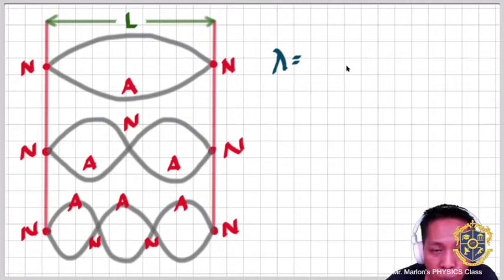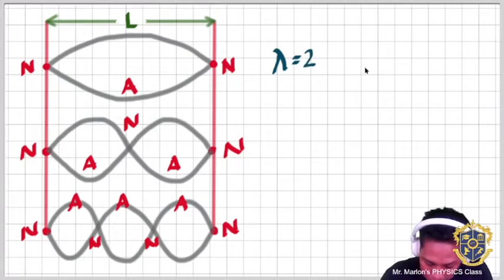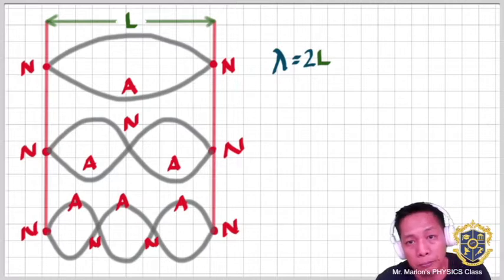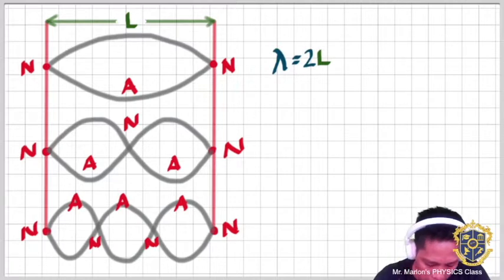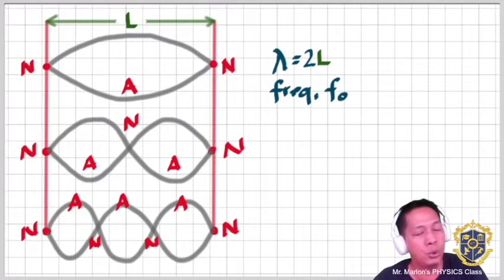That's one complete wave. So the wavelength should be this one, up to here. If you know that this one is 1L, then the wavelength should be 2L. So we can put it like that, 2L.